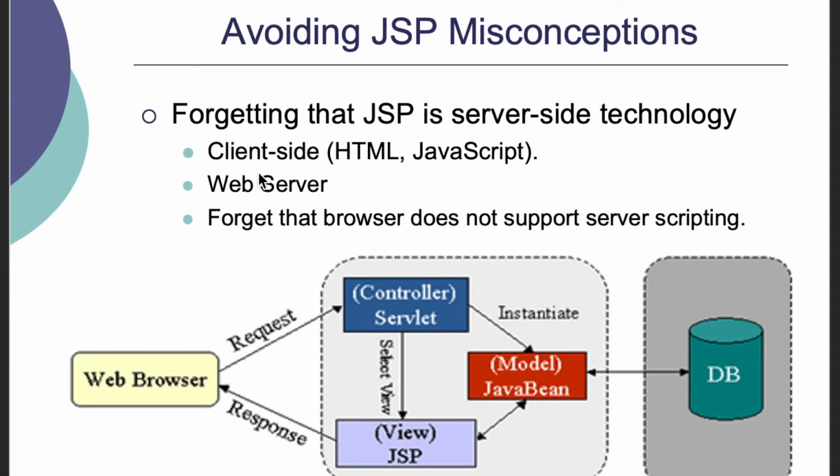For JSP, we know it is a server-side technology, whereas the client side is such as HTML and JavaScript. So for the server side, we need a web server, which we have installed. We have guided you on how to install Apache Tomcat.